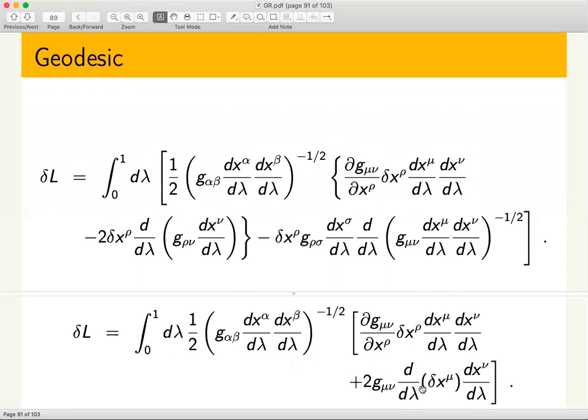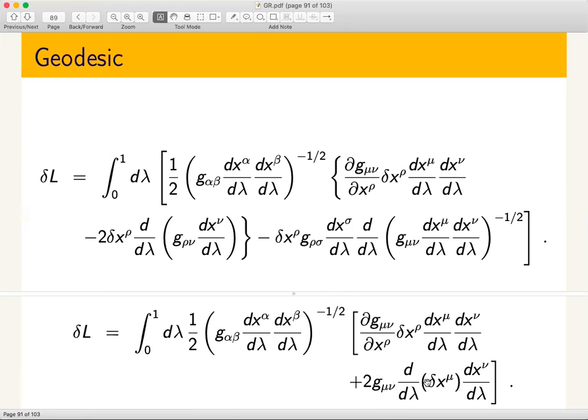Because you are doing integration by parts, it flips sign. That's why there is a minus sign. The other term from the integration by parts is when d by d lambda acts on the piece outside the square bracket, and that is the piece written out here. In that case, you see a delta x rho. I have changed the index for convenience so that I can pull delta x rho common from everywhere.